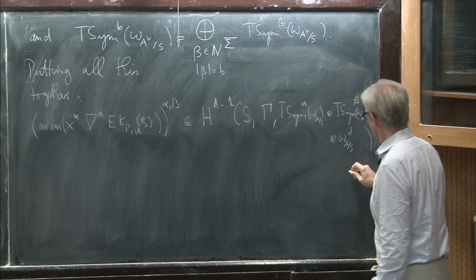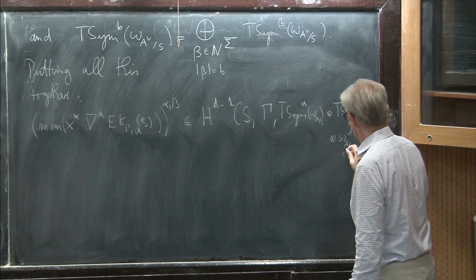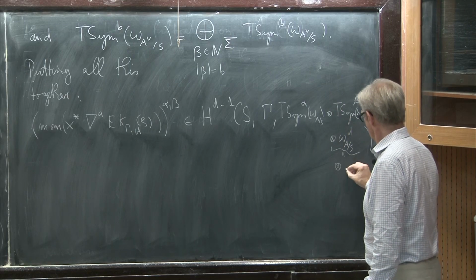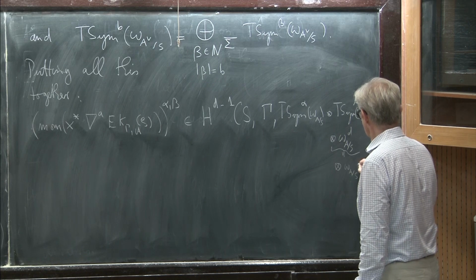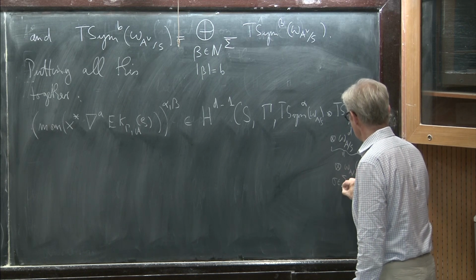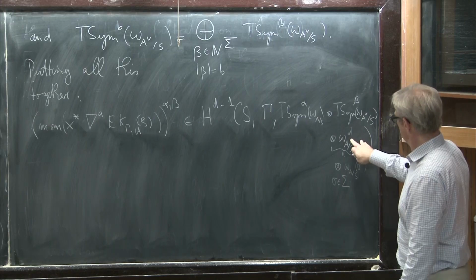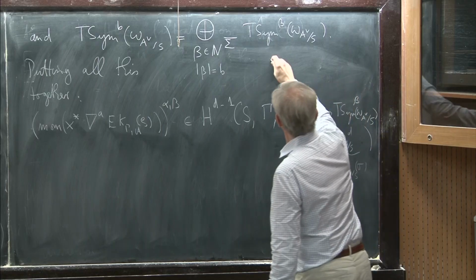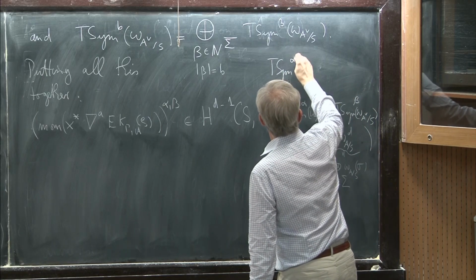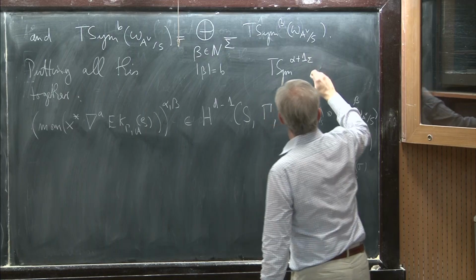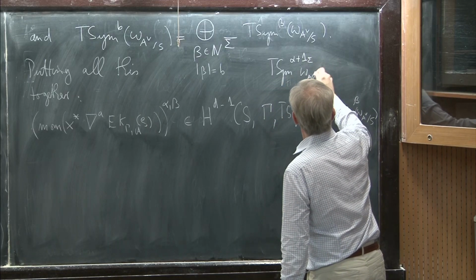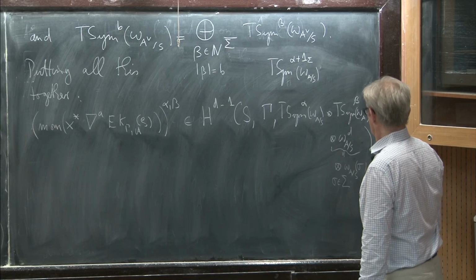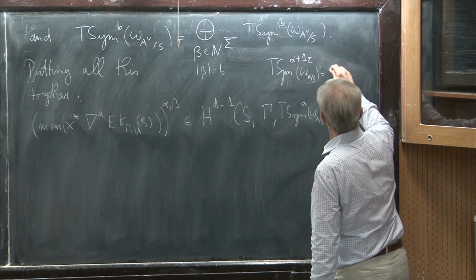So this here is, of course, just the tensor product of the omega a as sigma, where sigma runs over sigma. And I can put this into here by writing T sim alpha plus 1 sigma omega as. This is just putting these two together.